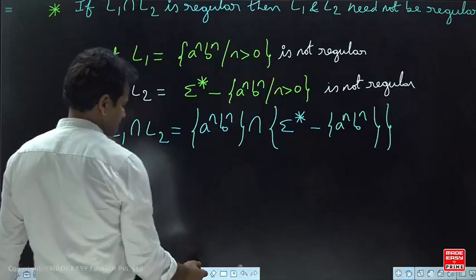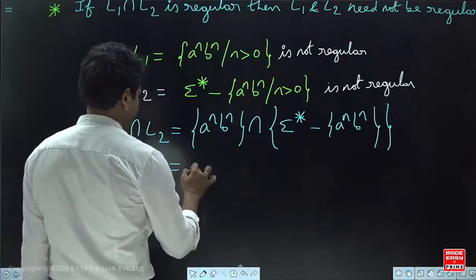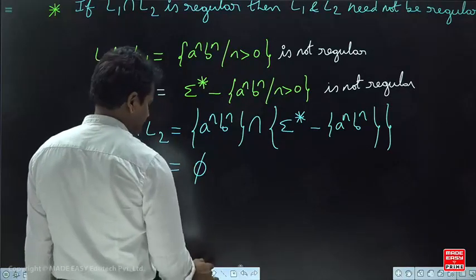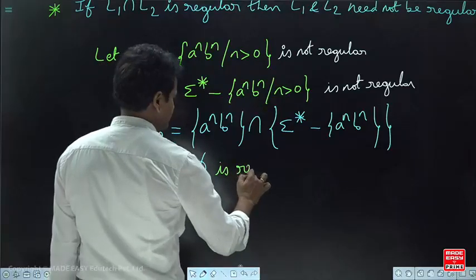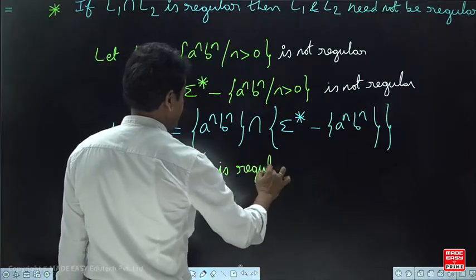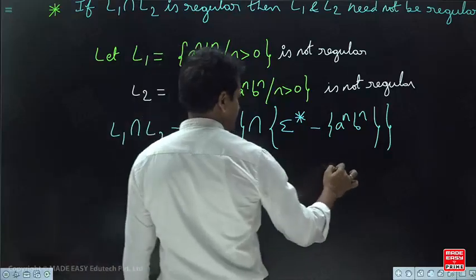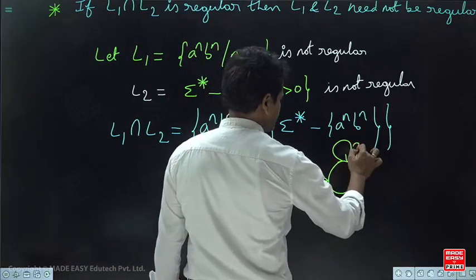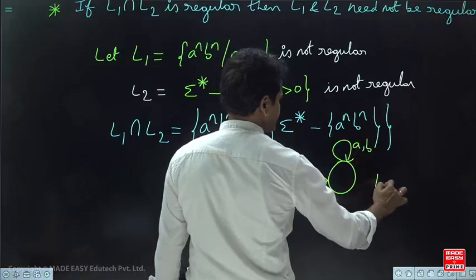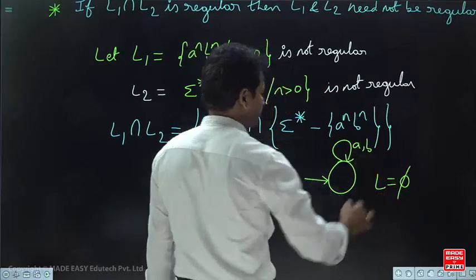So L1 intersection L2 equals phi. What is phi? Phi is regular. How regular? We can consider a finite automaton with no final state, which means the language is empty. So it is regular.